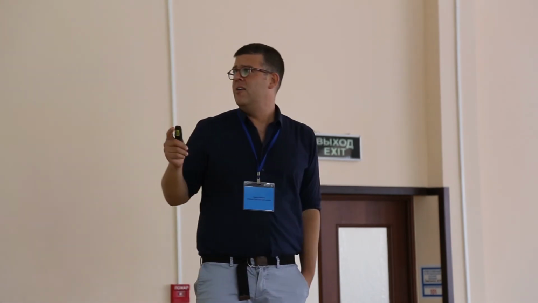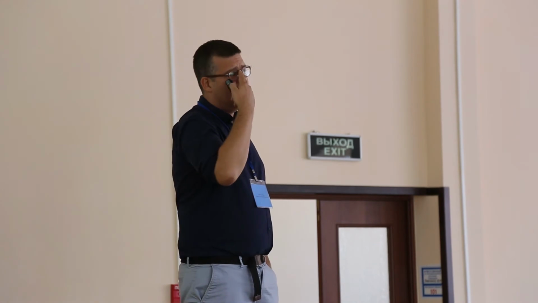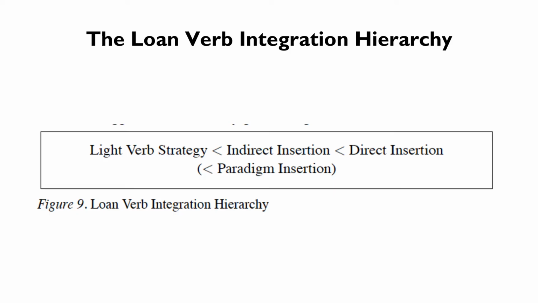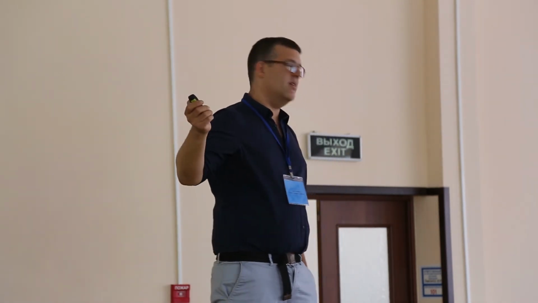Now, there are many things that turned out to be relevant to this scale. So, for example, in many cases of language change, we can see that something begins with a light verb strategy, like a given loan verb, and then it's integrated more deeply, it's treated more as a native verb, and in the end it can be used just in a direct insertion. So this has relevance for diachrony. Also, languages that have multiple strategies for integrating loan verbs tend to have contiguous ones on the scale.